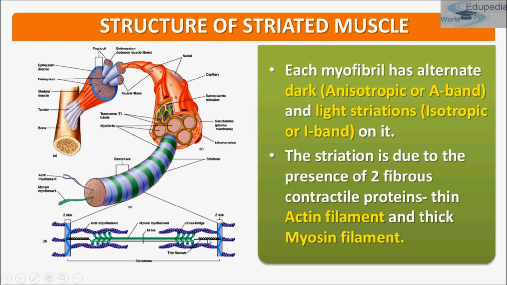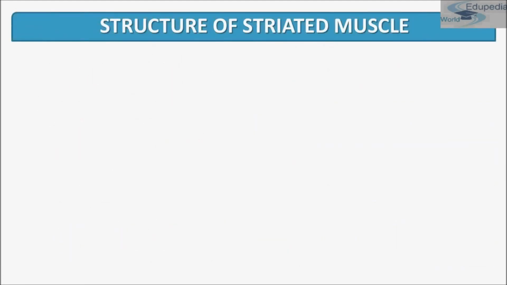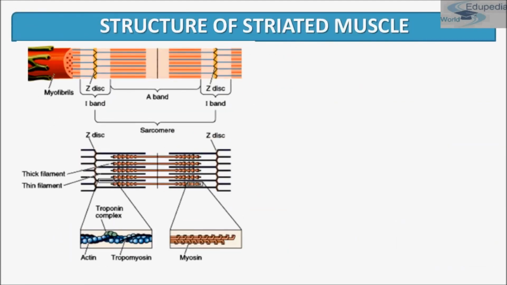This black one is your actin filament or the thin filament, and this is your thick filament, which we call the myosin filament. This is how the sliding filament mechanism of muscles takes place.